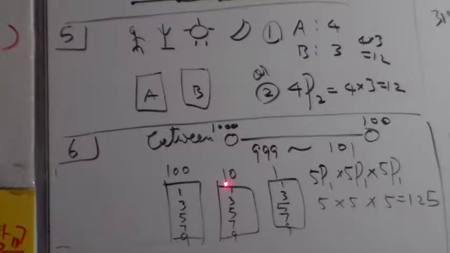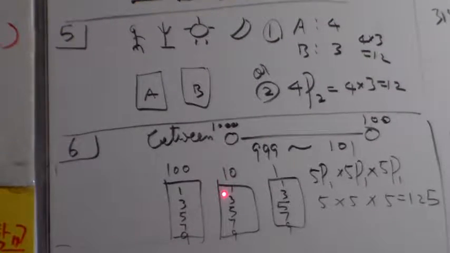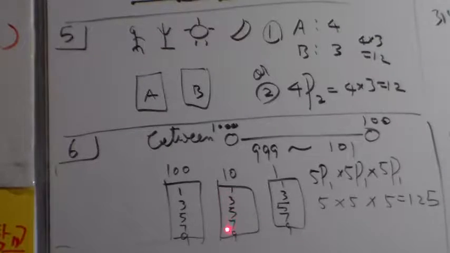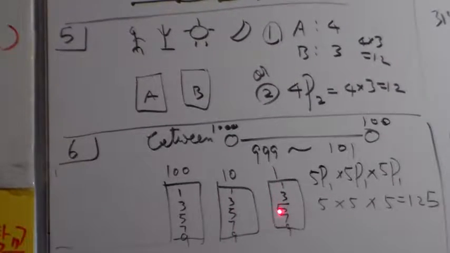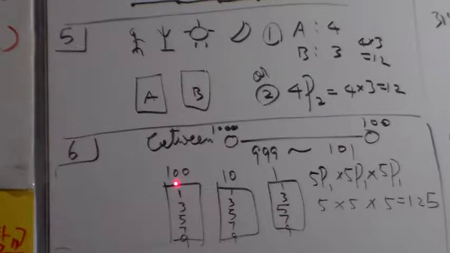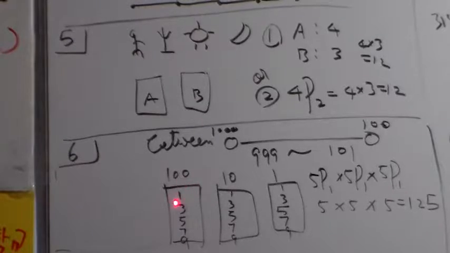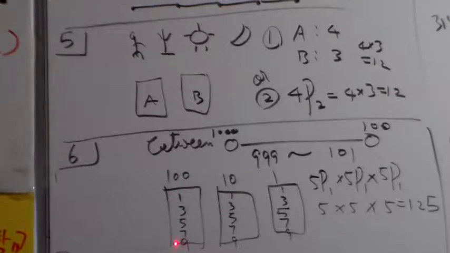And for the tens digit, our numbers are 1, 3, 5, 7, 9. The ones digit is also 1, 3, 5, 7, 9, right? So you pick one of them. That's 5 pick 1.